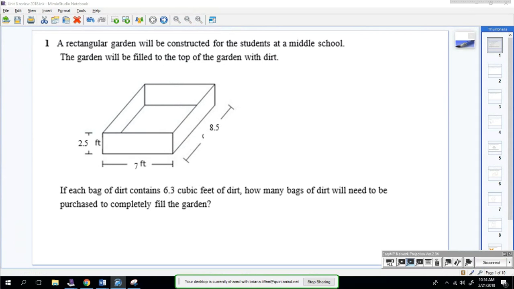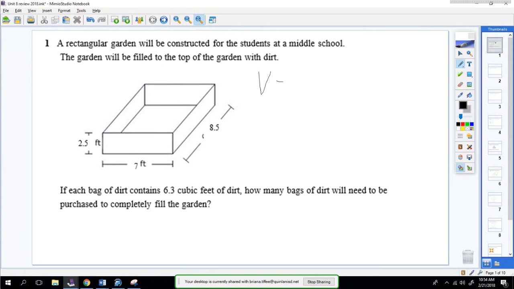So the first thing I'm going to do is find my volume. The volume formula of a prism is V equals big B times H. Since it is a rectangular prism, big B is base times height because the base is a rectangle. So the base is 8.5 times 7.